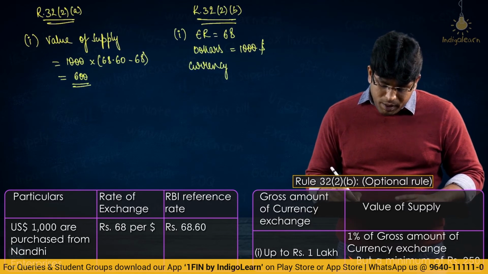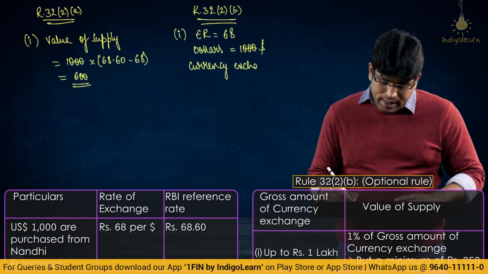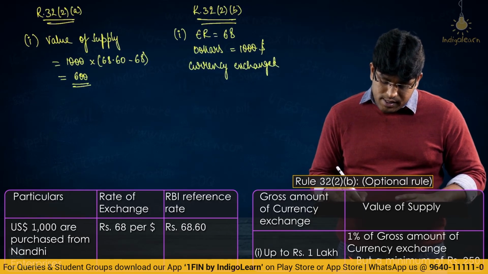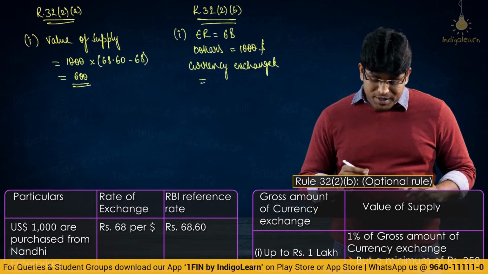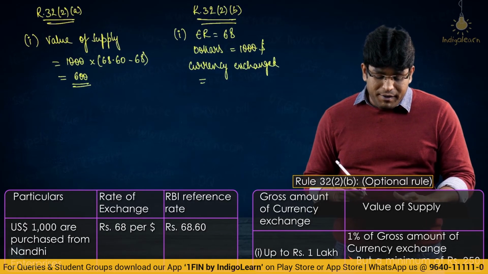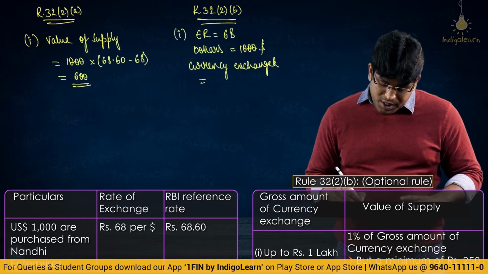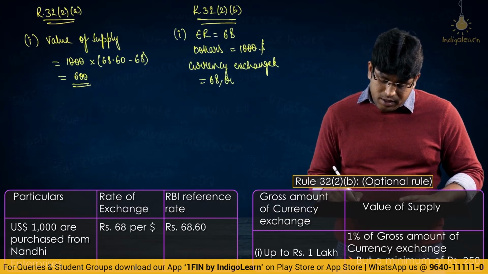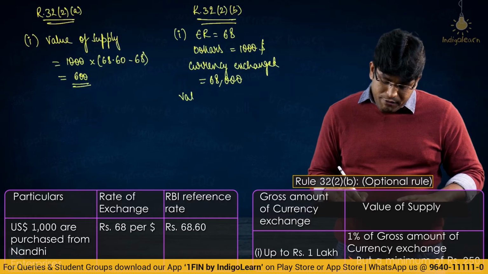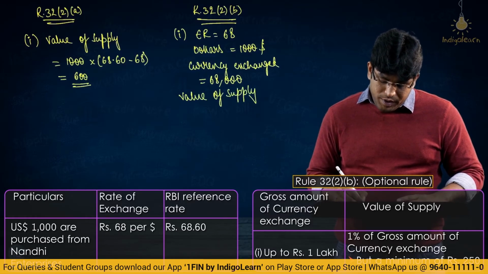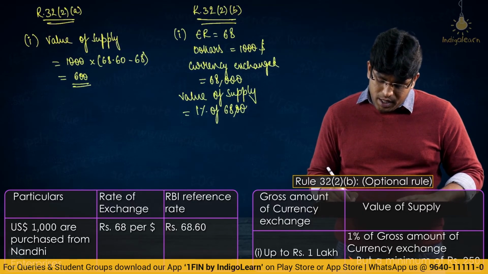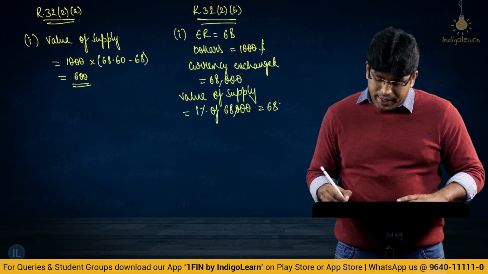The gross amount of currency exchanged is $1,000 into 68, which will become 68,000. And my value of supply will turn out to be 1% of 68,000, which comes to 680.